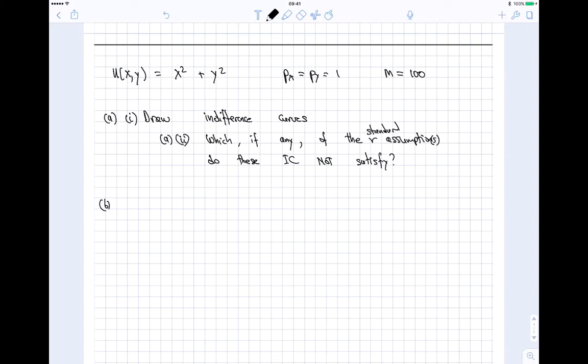B, find the optimal level of consumption. See if you can do this. Do it individually. I just want to come around and get a sense of how you approach this.